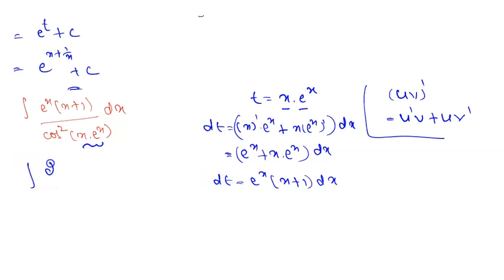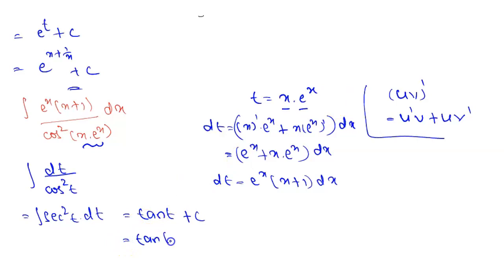So integral dt by cos square t, and 1 by cos square is secant square t into dt. The integration of secant square is tan t, plus c. The t value is x into e power x, so tan of (x into e power x) plus c is the answer.